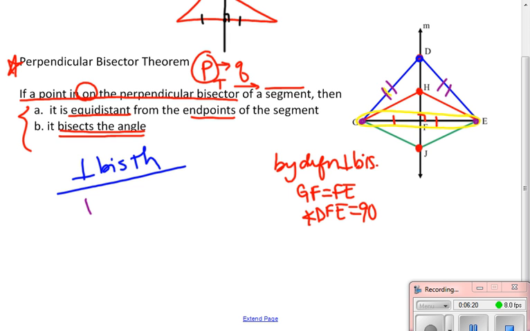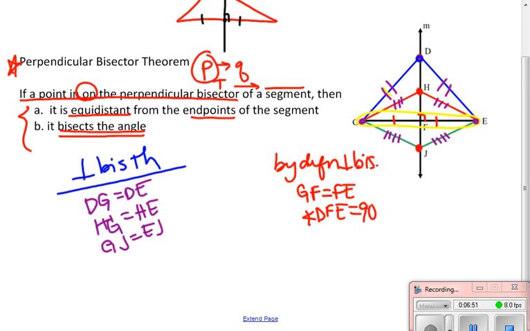So I know that DG is equal to DE. I know that HG would be equal to HE. And I know that these green ones down here would also be equal, that GJ would be equal to EJ. That's the equidistance from the endpoints.